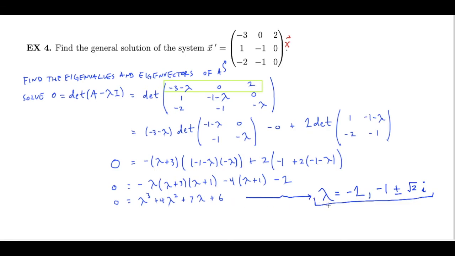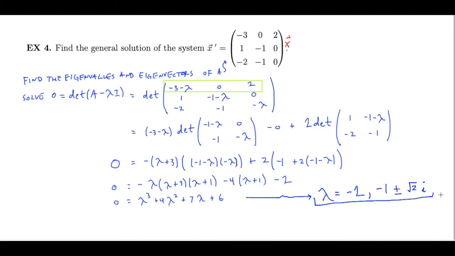But anyways, one way or the other, I got my eigenvalues, and we know that if I have complex eigenvalues, they always come in a pair. So the fact that this was a 3 by 3 matrix indicates that I could get two complex eigenvalues as I have here, but then the third would have to be real because it would be impossible to have three complex eigenvalues because, again, complex eigenvalues always come in pairs.